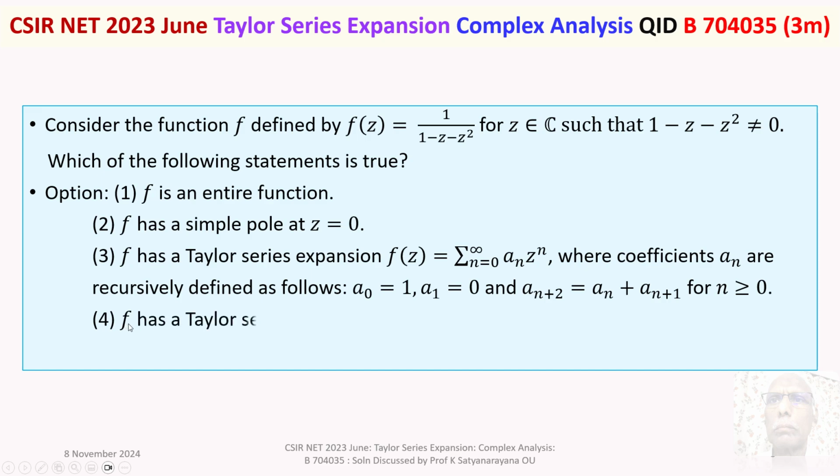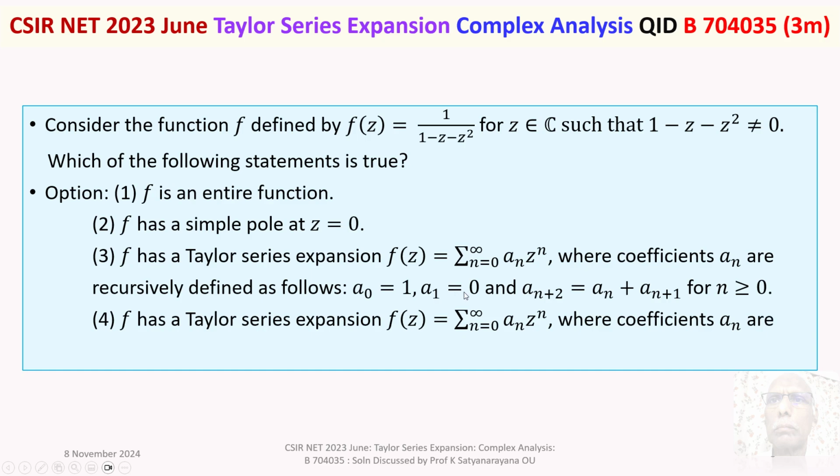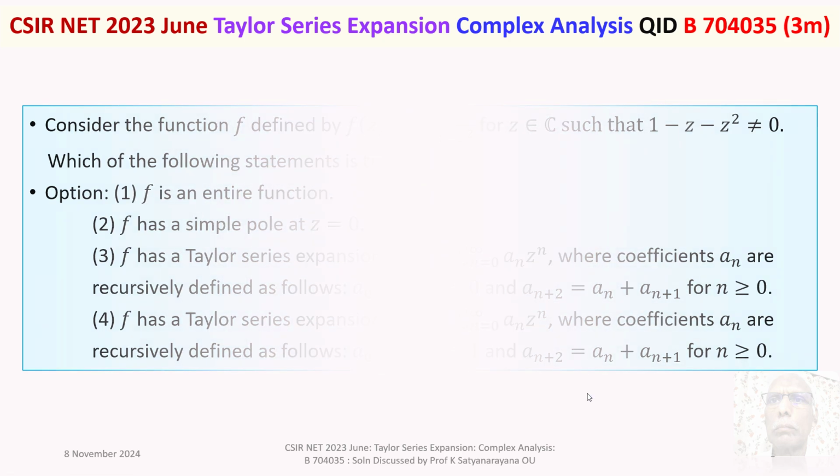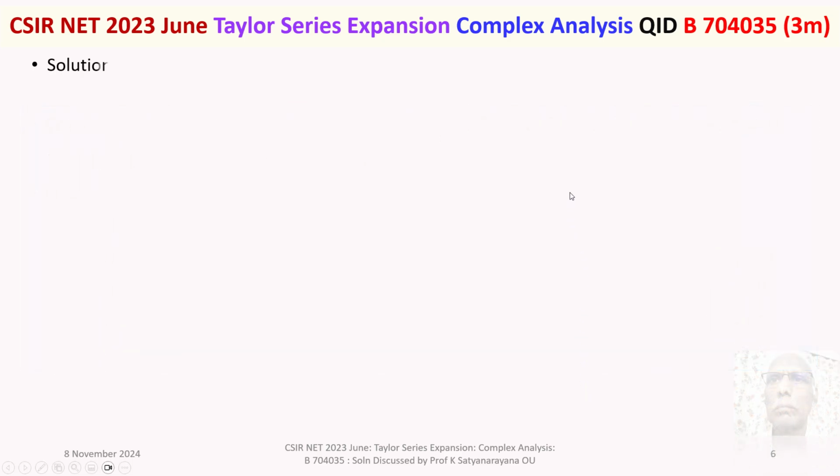Option 4 is same as option 3 except a1 is equal to 1. So, in option 3, a1 was 0, and in option 4, a1 is 1, and the remaining things are one and the same. Right. We will now discuss the solution of the problem in detail.